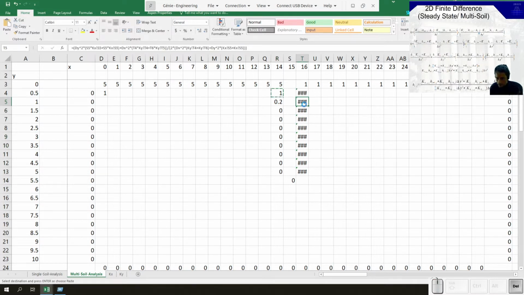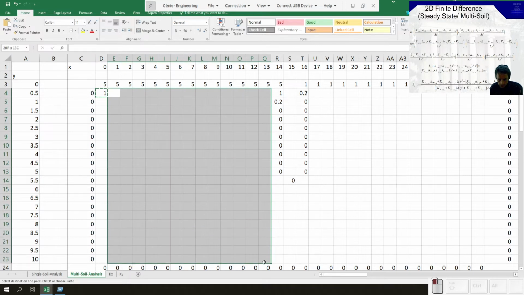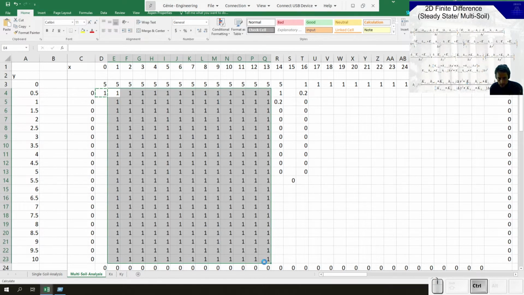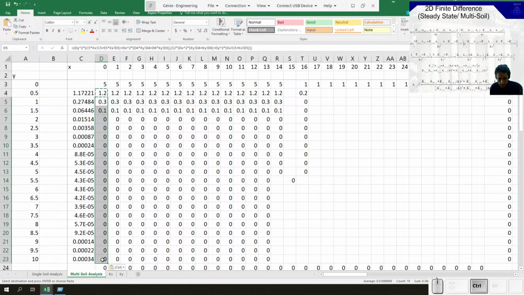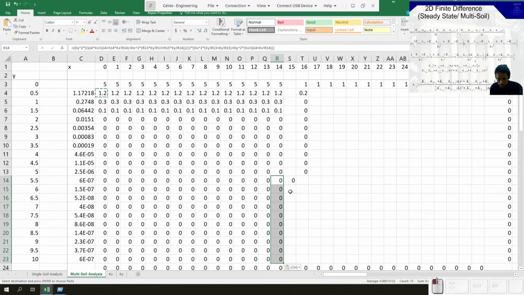Okay, so this is essentially to fix the number error that I had. Okay. So this is the general formula that I'm pasting everywhere here.